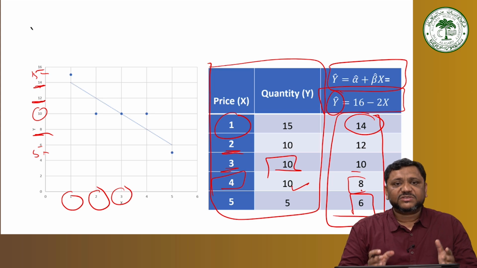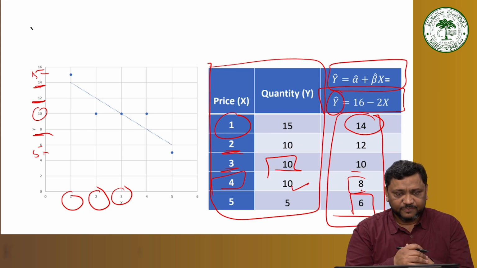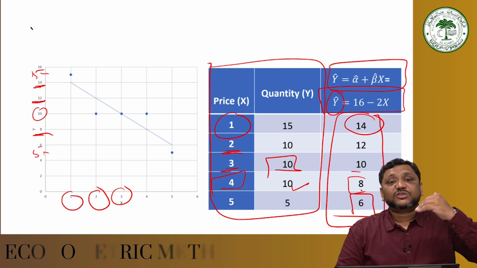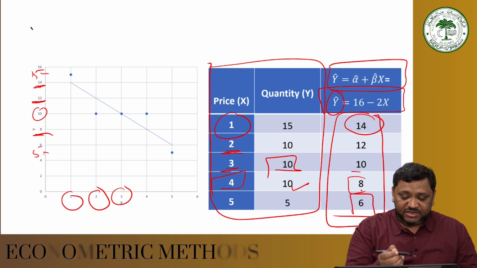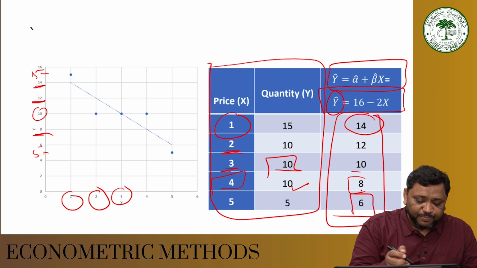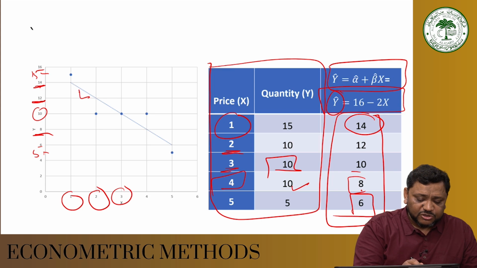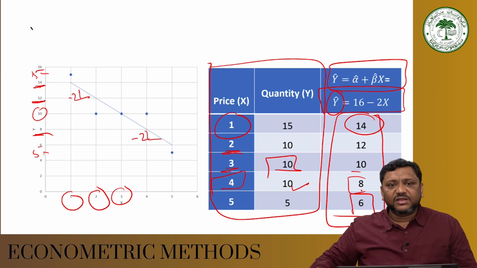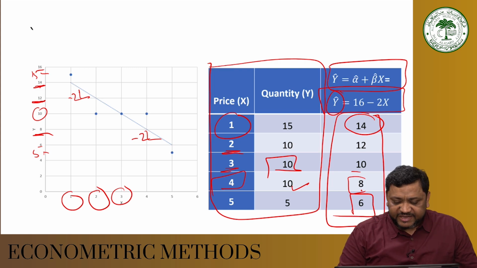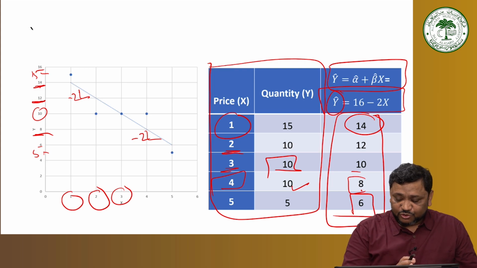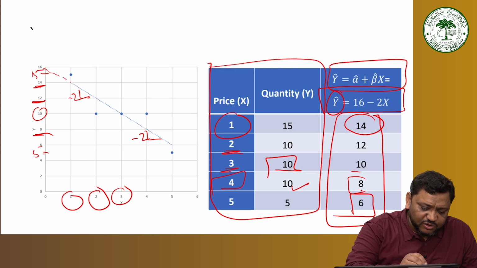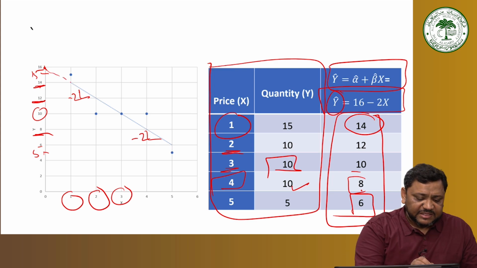Our purpose is to find a straight line wherein the slope will be the same. The slope is -2 everywhere on this line. So the slope is equal to -2, and if I extend this line, it will go over here. That is the intercept.